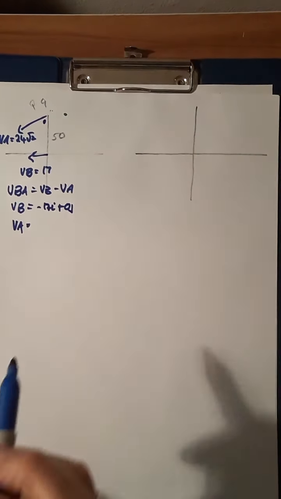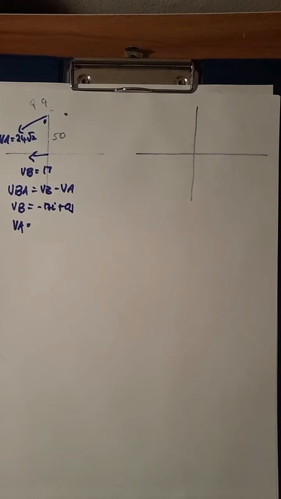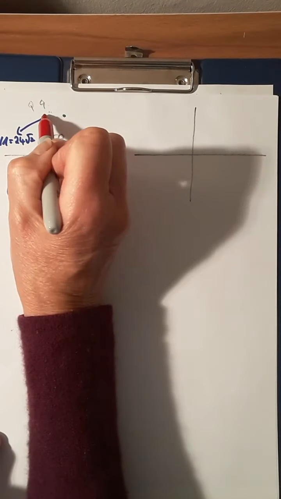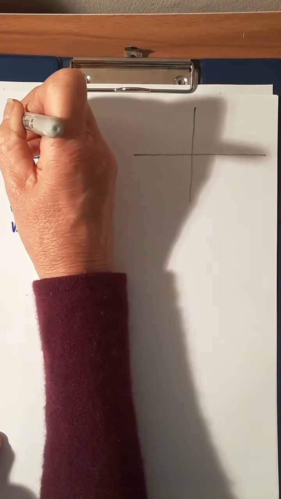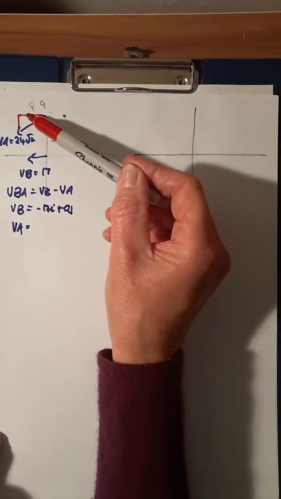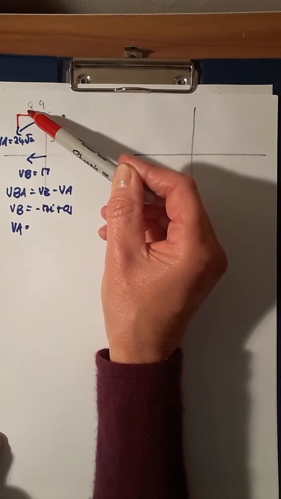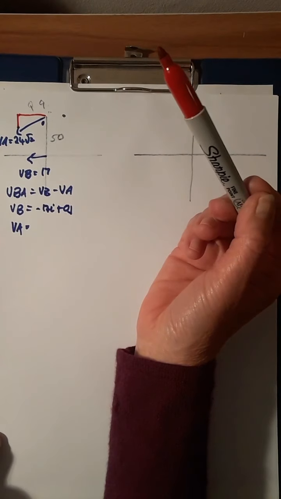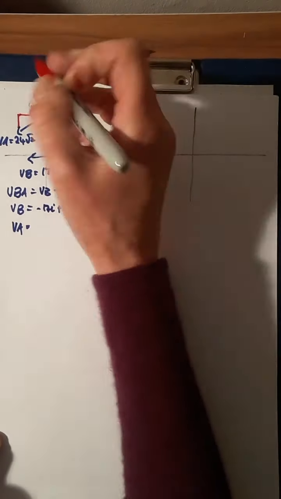VA is travelling southwest. What I'm going to do here is draw a right angle triangle around that vector. These are the two components. This is the I component and the J component. If that's 45, this angle here also has to be 45.